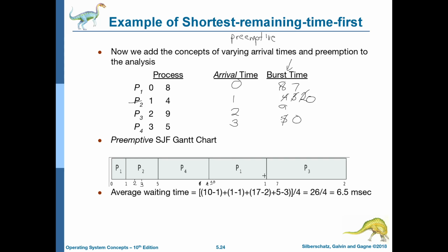Process 1 is obviously the shorter, and so we run that to 17 milliseconds, at which point process 1 is set to 0. And now we can take a look at the last process on the list, process 3, which will run to 26.